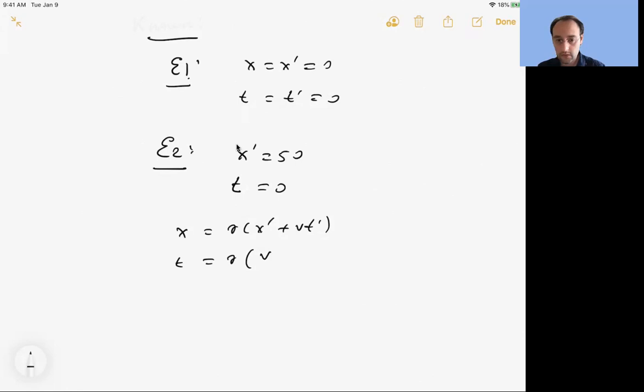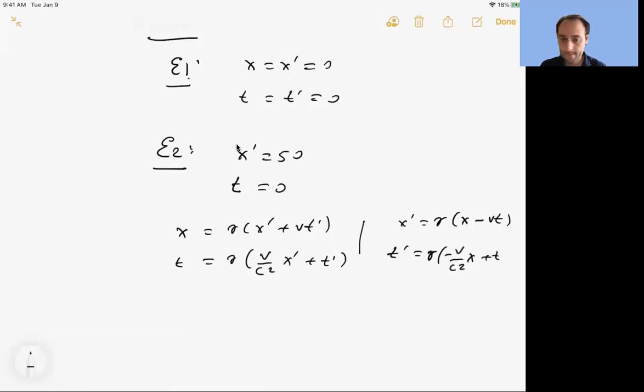We have x prime equals gamma (x minus vt). And it's true, this relationship is true. If these are true, then this is also true. And then we have t prime equals gamma (minus v over c squared x plus t). Okay?